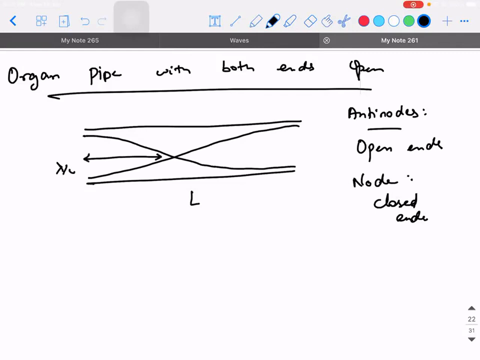It is lambda by 4, again lambda by 4. So what should be the value of L here? L is lambda by 4 plus lambda by 4, that is lambda by 2.